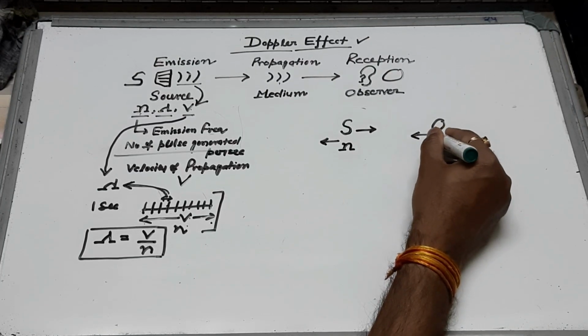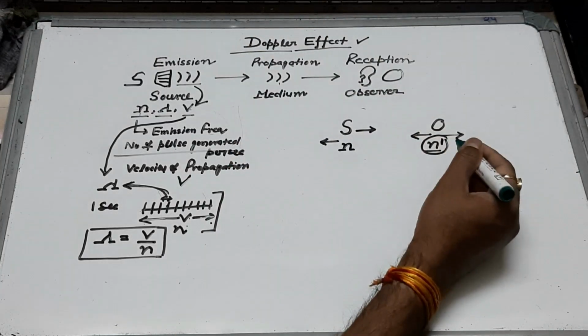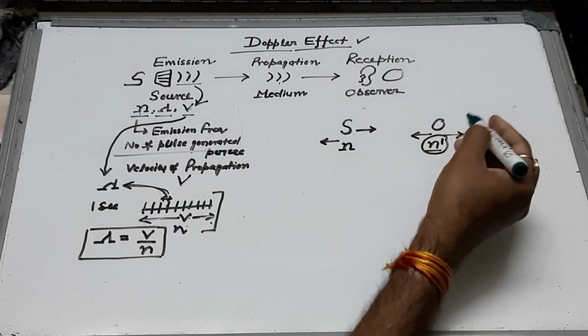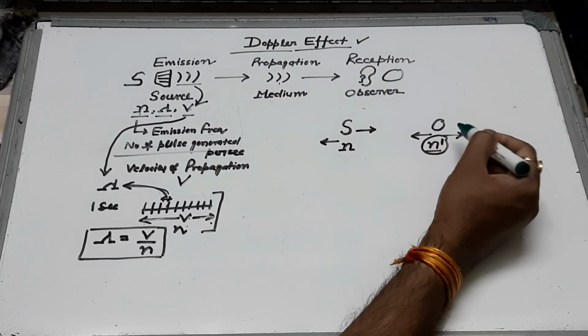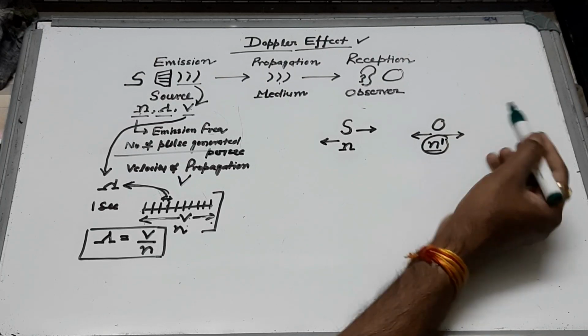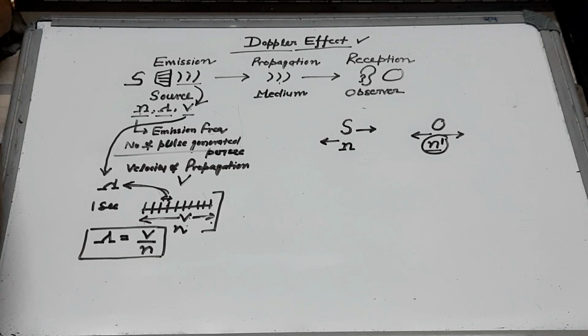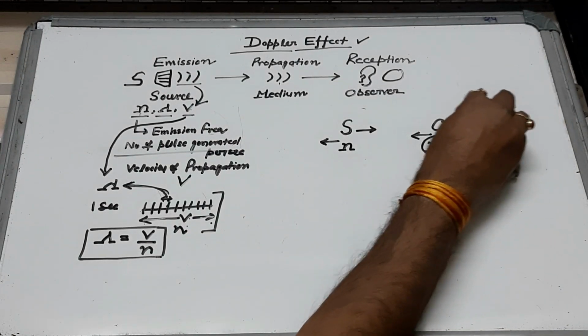It will perceive some different frequency. This is what Doppler told. So he very well calculated and introduced the formula for how we calculate the effective frequency as perceived by the observer. Let us see various cases and try to understand what Doppler told about this shifted frequency.